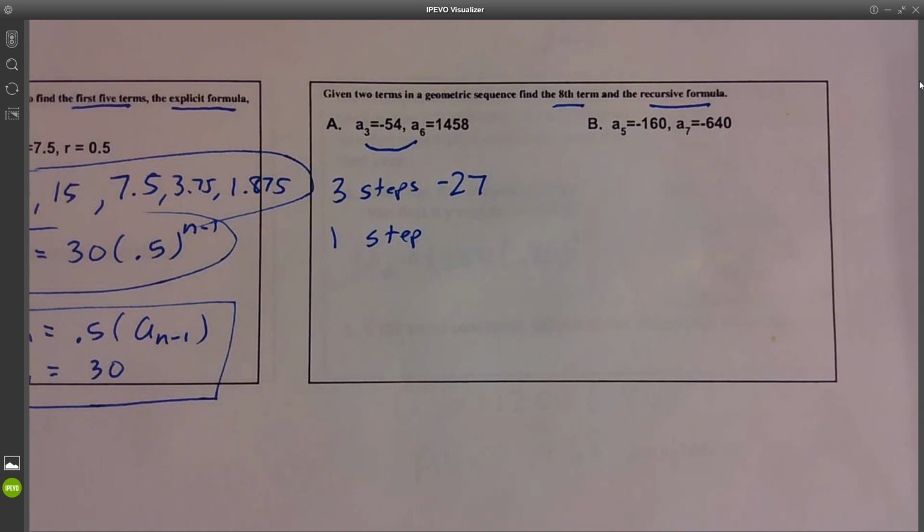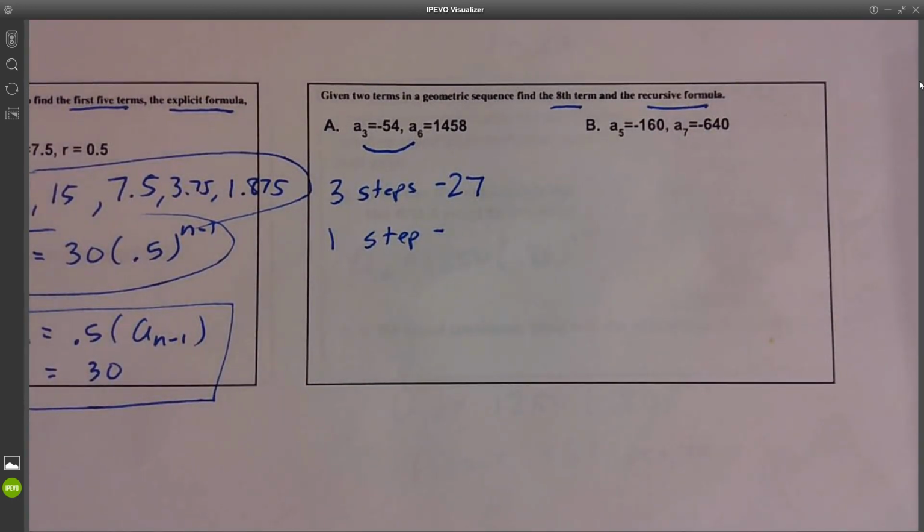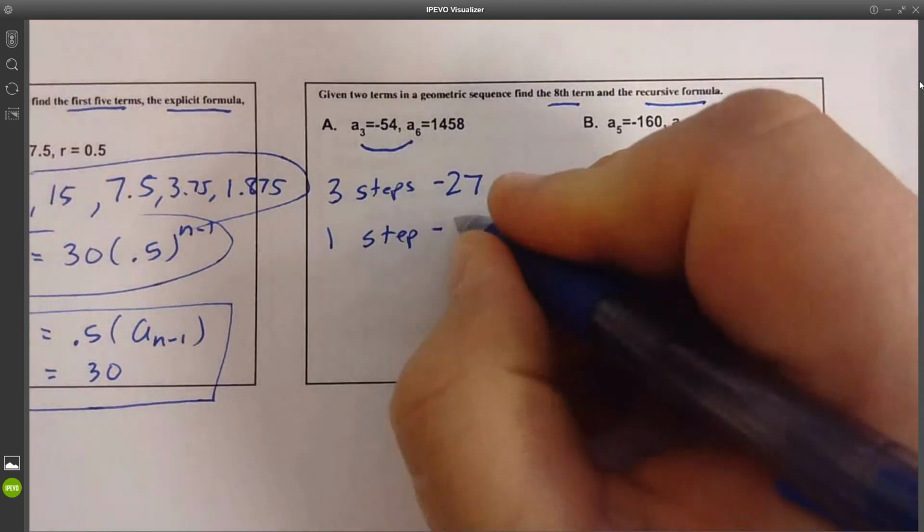So what am I multiplying? First off, it's pretty clear to me that it's got to be a negative, right? It's the only way we can get them to switch. So what am I multiplying by that I did 3 times and that resulted in -27? -3. Does that make sense?